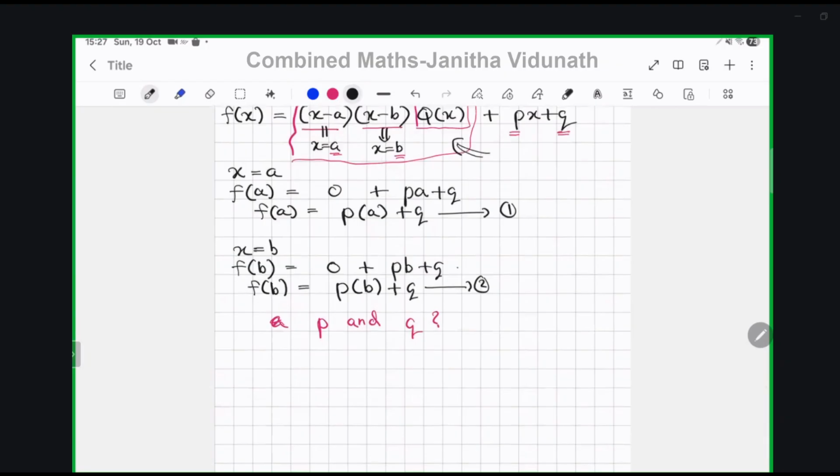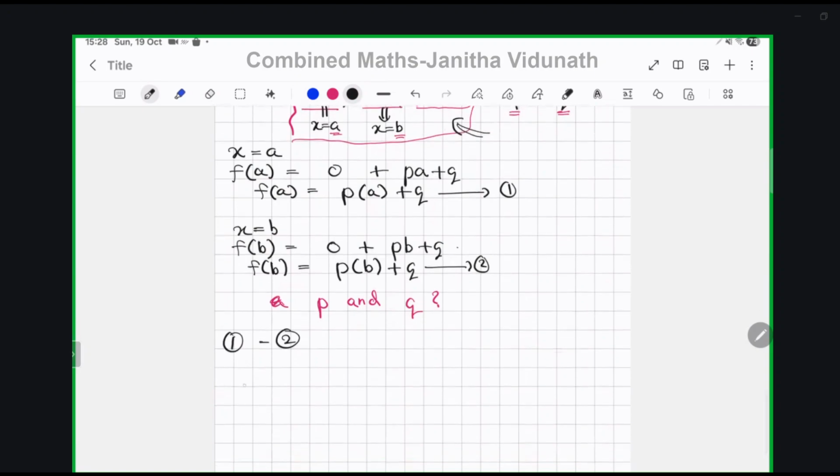Now if we subtract the second equation from the first, then the q term will cancel out and we can easily find the value of p.